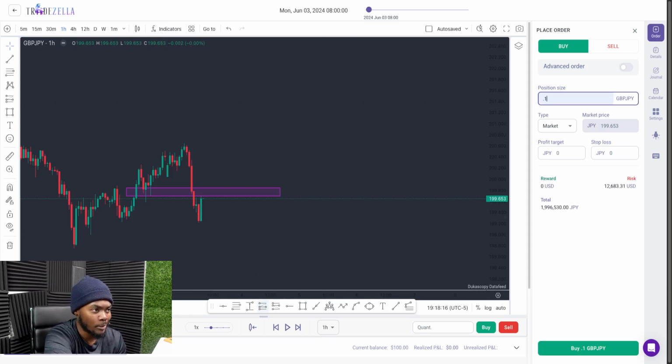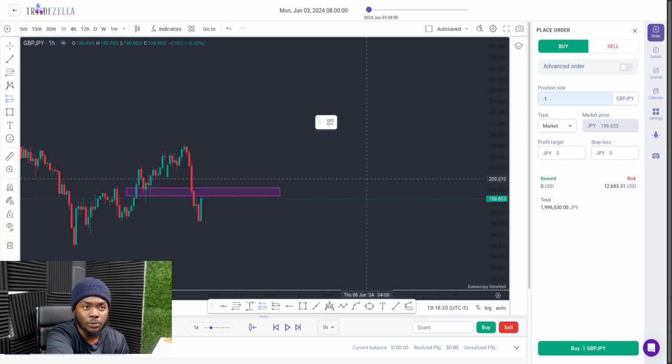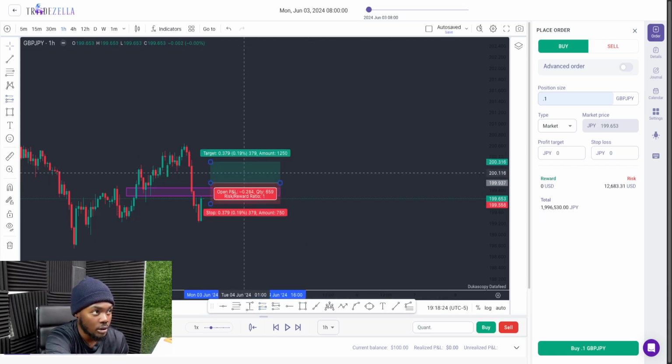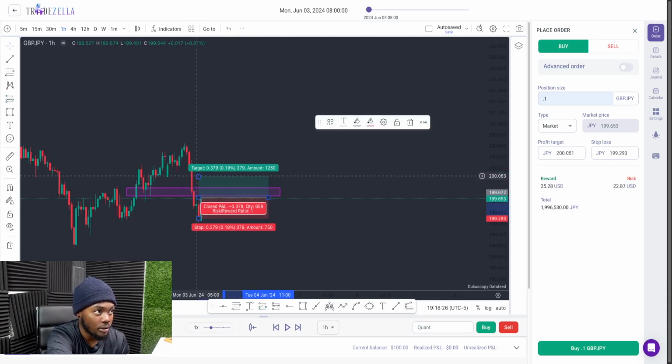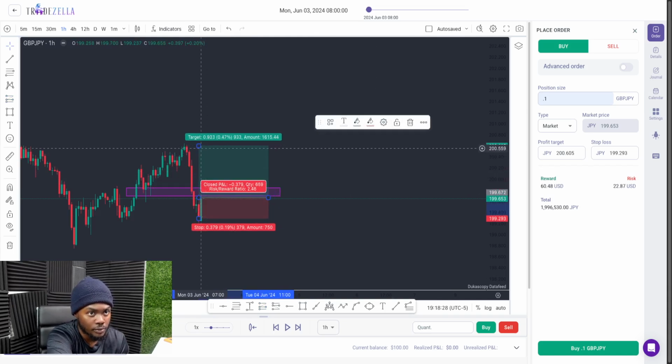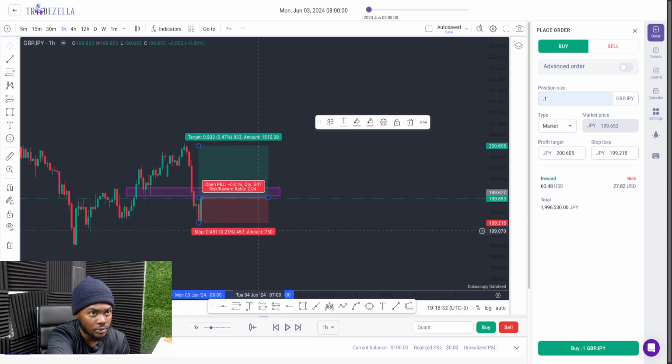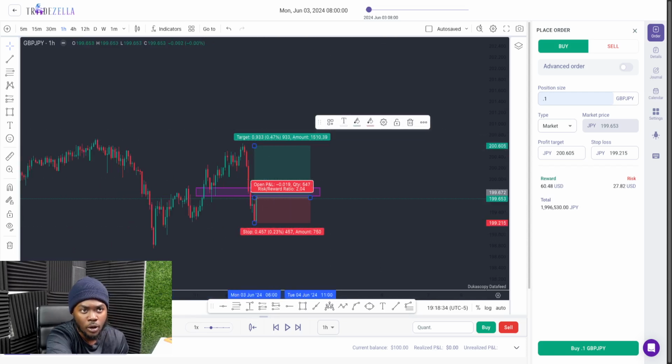What's even great about this particular tool is that it actually calculates the risk and reward for you. So once you click the long position here, let's just say I'm entering here, my TP is here, and stop loss is just above, so I'm looking at possibly a 1 to 2. I'm risking about $27, almost $30, to make about $60, right?